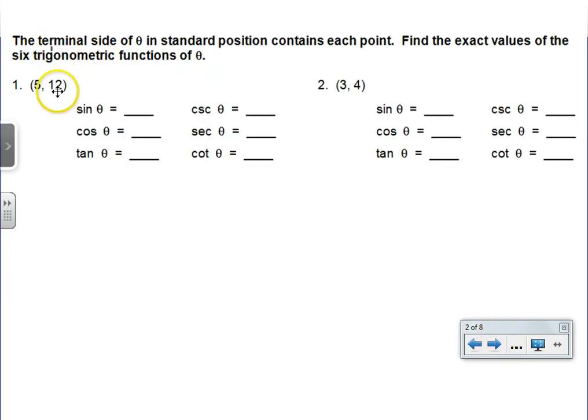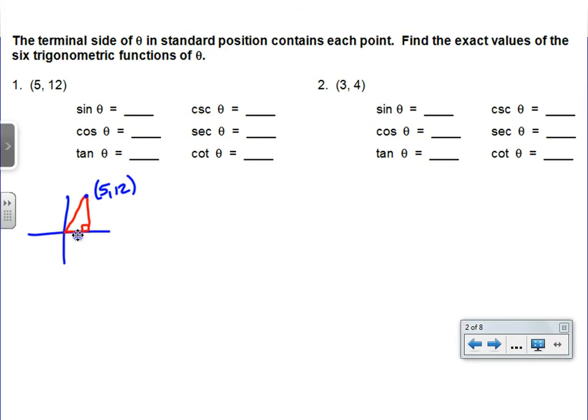So we have the point (5, 12). If you would like a little picture of this, you could draw yourself a coordinate plane and think about where the point (5, 12) would be. It would be up here somewhere. It doesn't have to be to scale, but it should be in the right quadrant. It does make a right triangle.